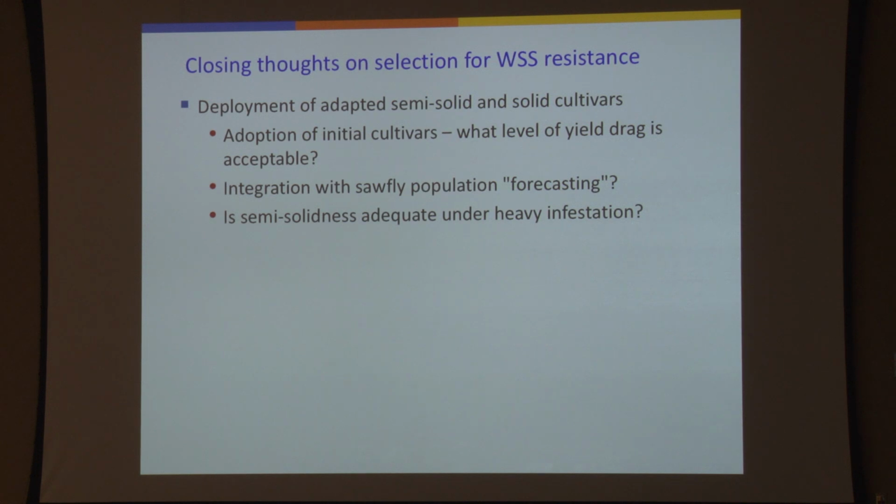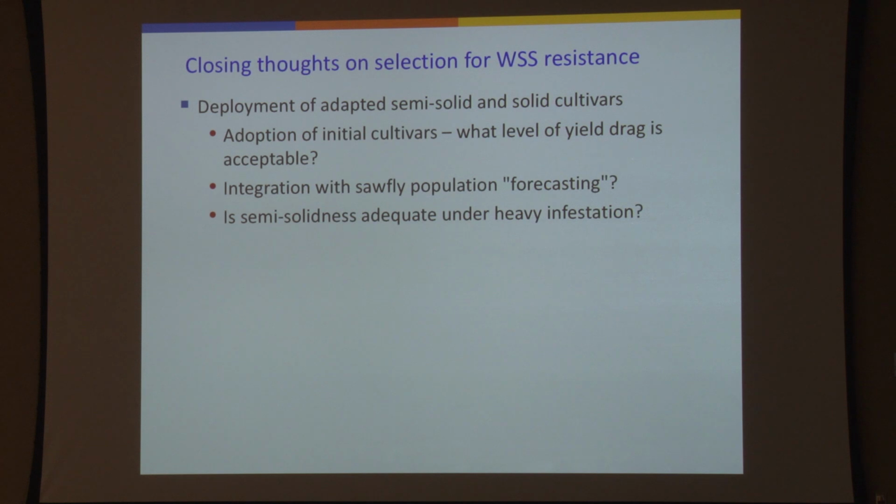Okay, closing thoughts on wheat stem sawfly resistance group. So, deployment of semi-solid and solid cultivars. One thing I should say is that this released variety, Fortify, is not a super solid, it's a semi-solid.